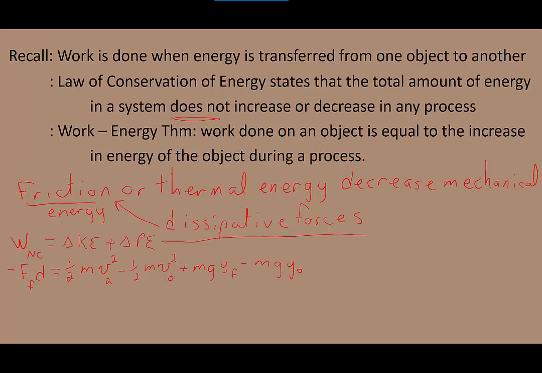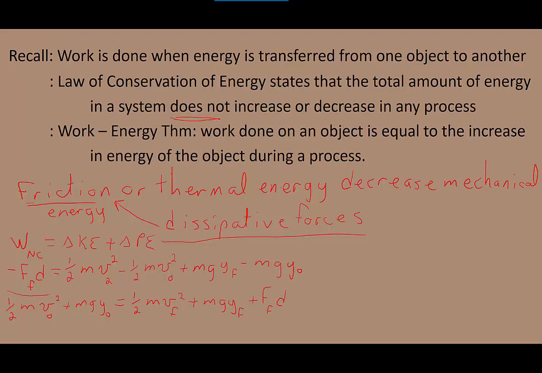If we rearrange this to put initials on one side and finals on the other side, we end up with 1/2 m v0 squared plus m g y0 is equal to 1/2 m v final squared plus m g y final plus force of friction times distance.